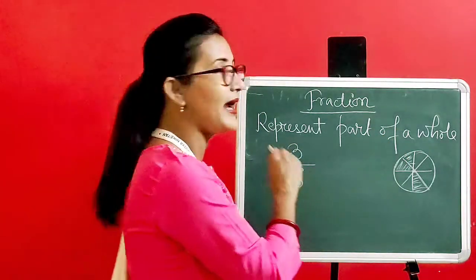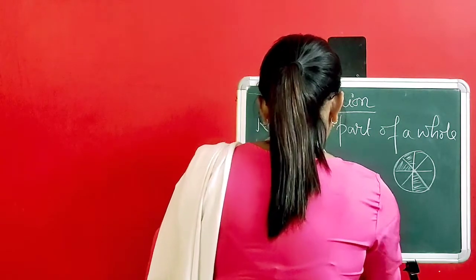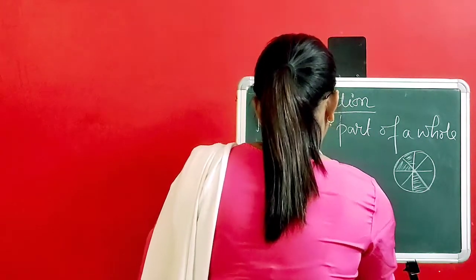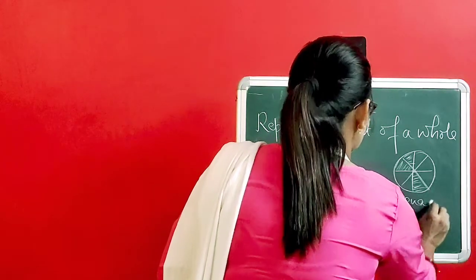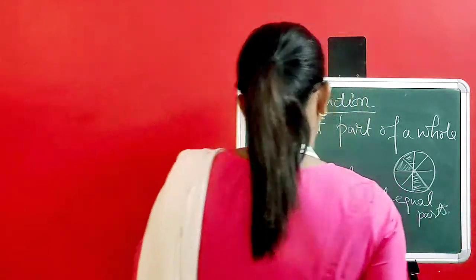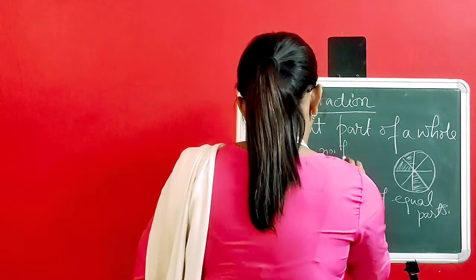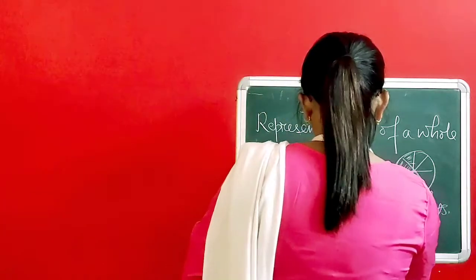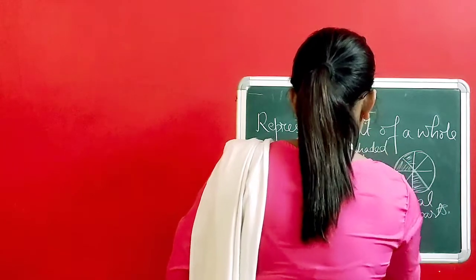What we understand is that this 8 represents the total number of equal parts, and this represents the number of shaded parts.